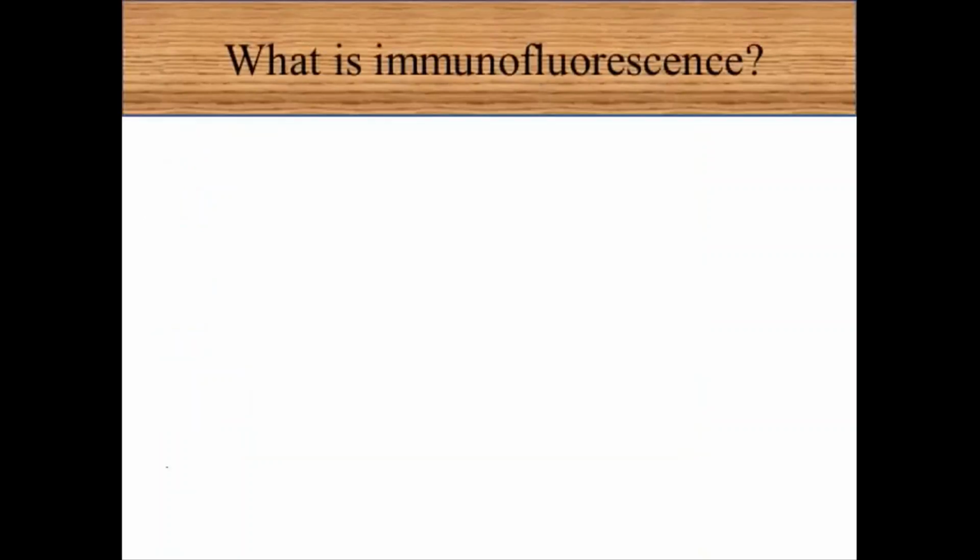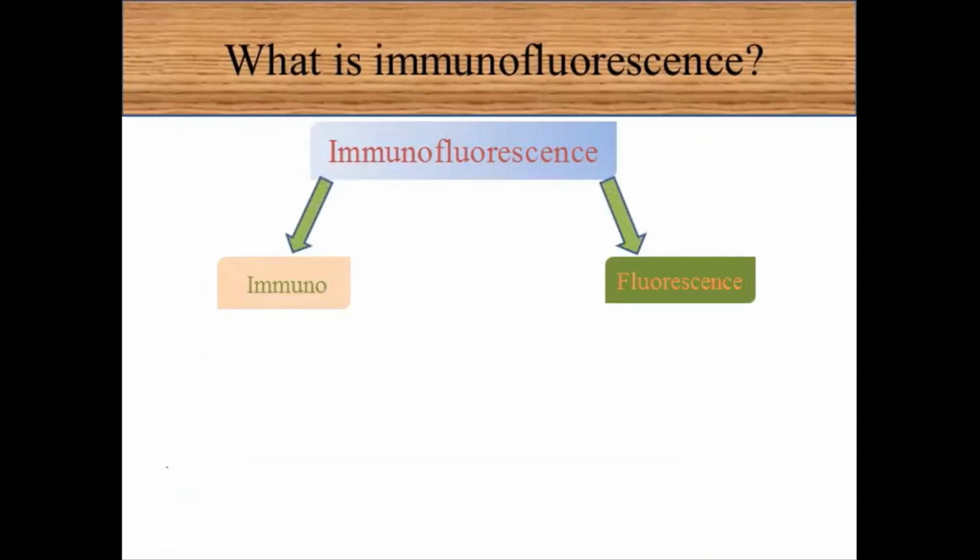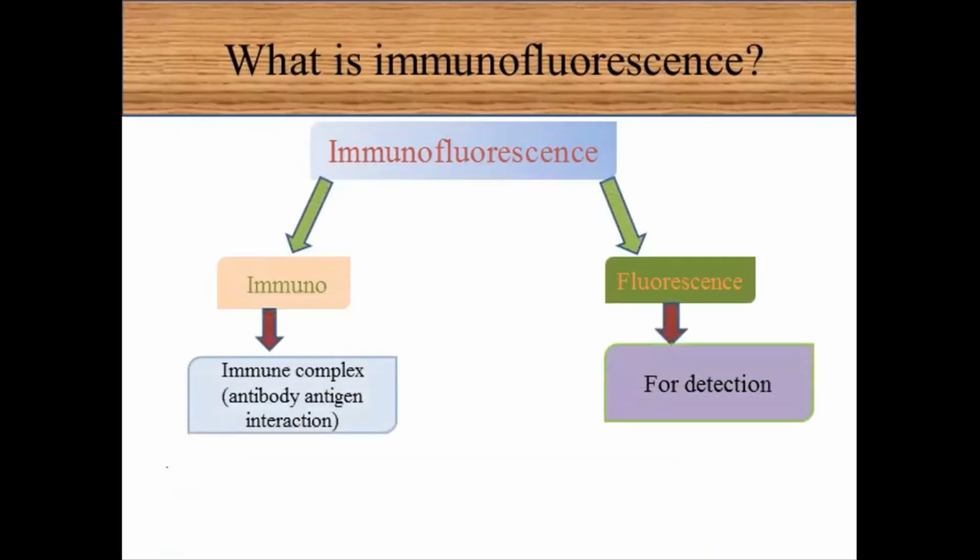So what is immunofluorescence? As this term suggests, it is about the immunological system, that is, about the immune complex, which is the antibody-antigen complex. Suppose we have an antigen, and we put an antibody on it, it forms the antigen-antibody complex.